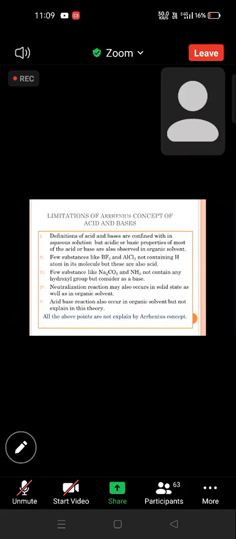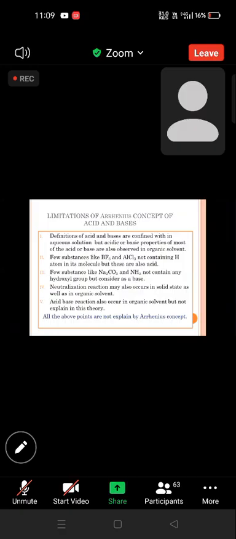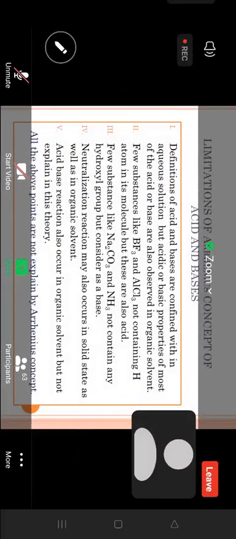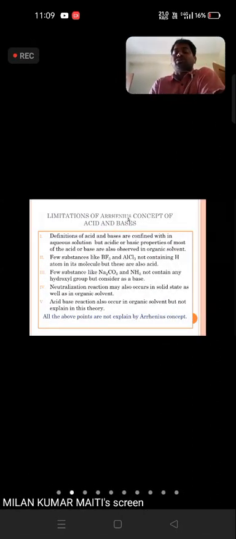And there was no clear-cut idea about BF3 and AlCl3. Why BF3 and AlCl3 are considered as acids is not described by the Arrhenius concept. Likewise, the neutralization reaction may also occur in the solid state as well as in organic solvent.